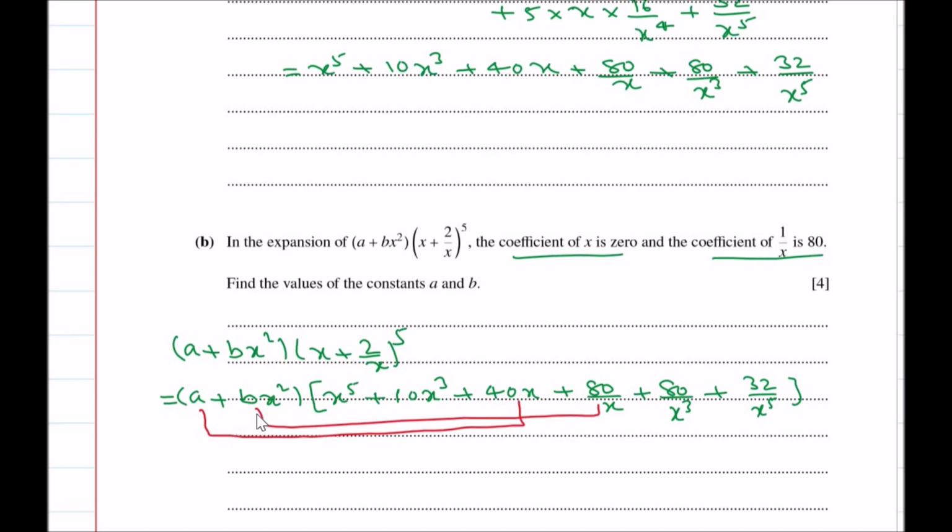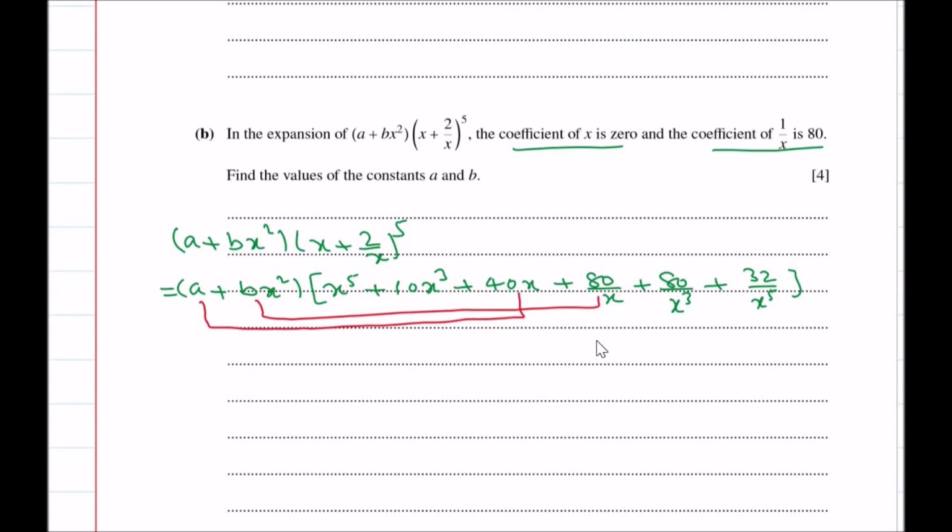There is no other way. Okay, so let us write the coefficient of x. Now the term with x, we get 40ax and bx square into 80 by x, so 80bx.